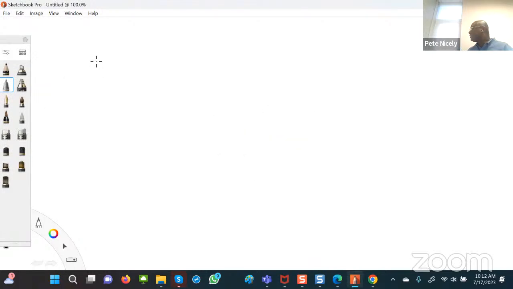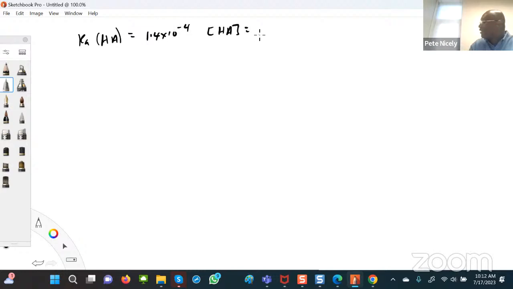Okay, so let me just write down the essential information that is provided in the question. The question gave you lactic acid. I'm going to use HA to represent lactic acid, right? So Ka for lactic acid is equal to 1.4 times 10 to the minus 4, and the concentration of lactic acid initially is equal to 0.0034.